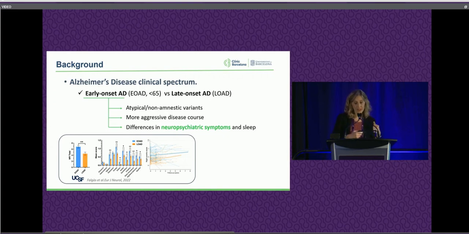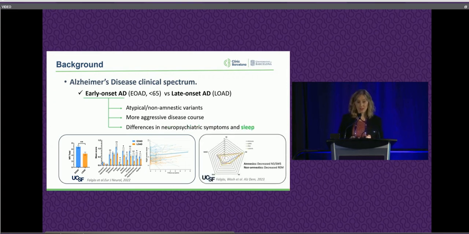A recent study performed at UCSF showed that early onset Alzheimer's disease had higher severity of neuropsychiatric symptoms, not only at diagnosis but also longitudinally, specifically in domains such as depression, anxiety, or nighttime behaviors.